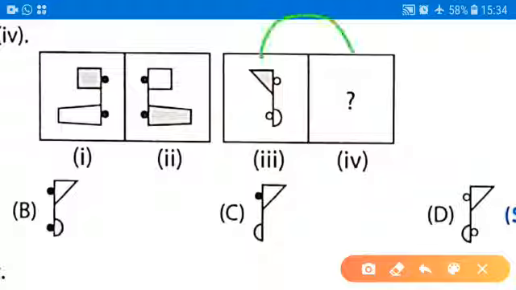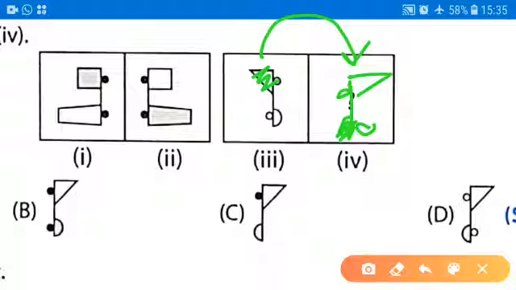First what we will do, we will make the mirror image of this. Okay, figure number 3 we will make a mirror image. It will be like this, then small circle, and this it will be like this. Small circle will be here and small circle will be here. Earlier it was shaded here, now the shaded portion will be downside.